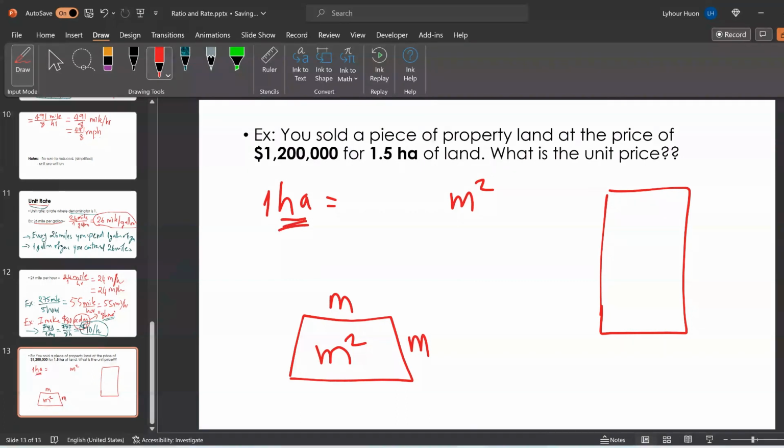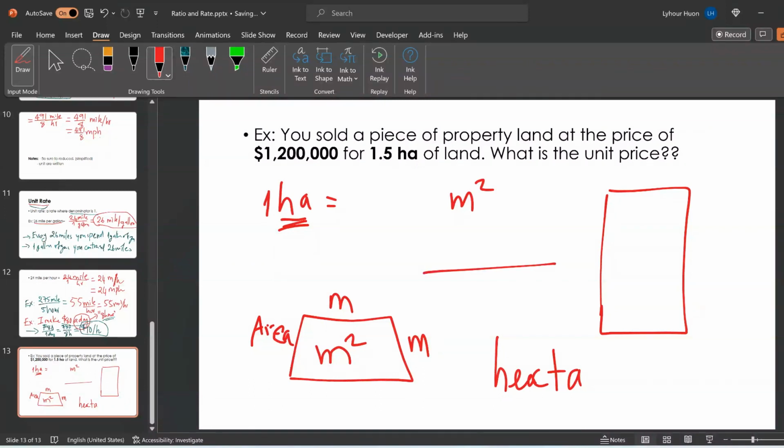Hectare, yes. It's not capacity. Capacity is volume. No, this is area, not capacity. Length is the distance.